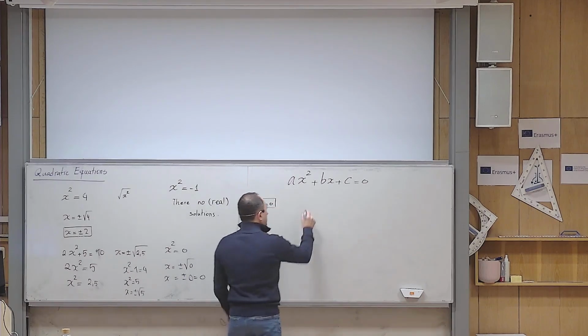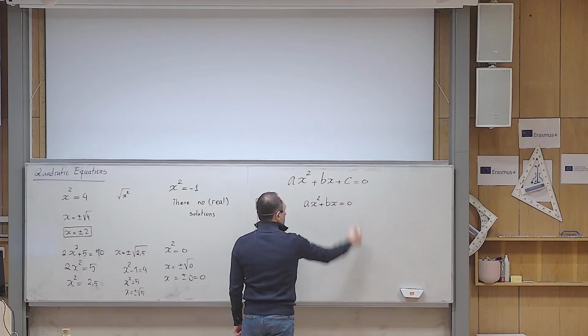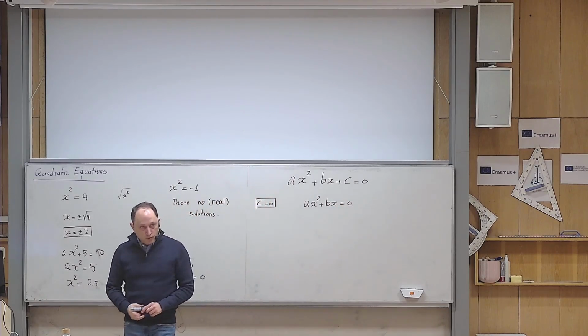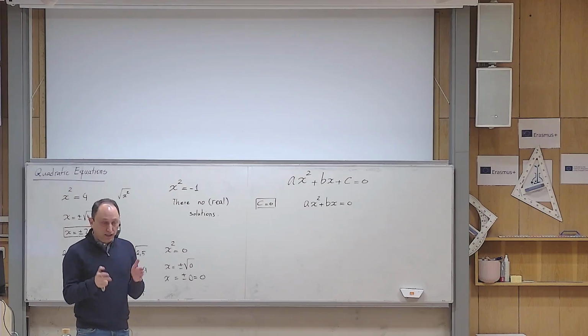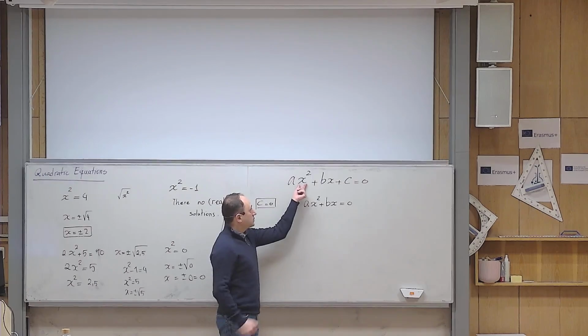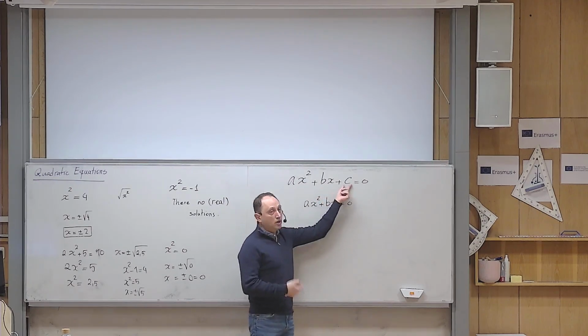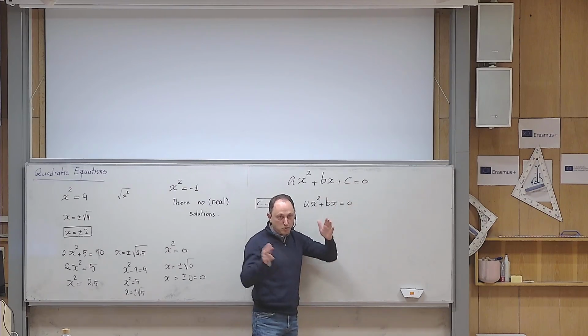In other words, I want to tell you how to solve these types of equations. It's a quadratic equation, but not in its full generality. In its full generality, you should have an x squared term, an x term, and a constant term. This is the most general one.